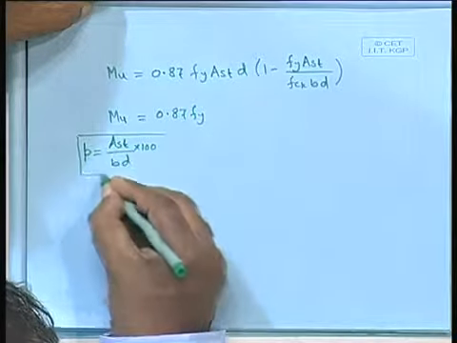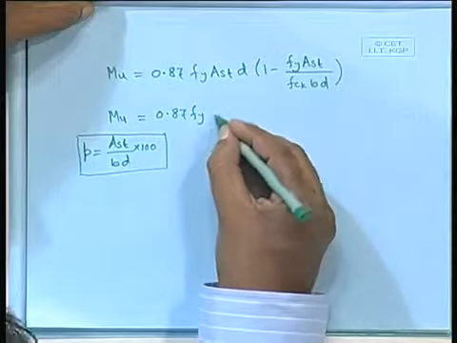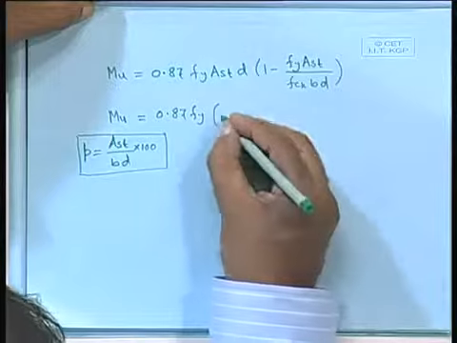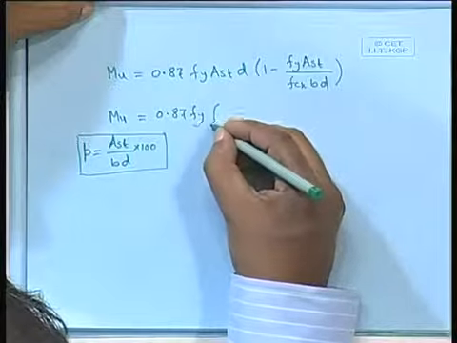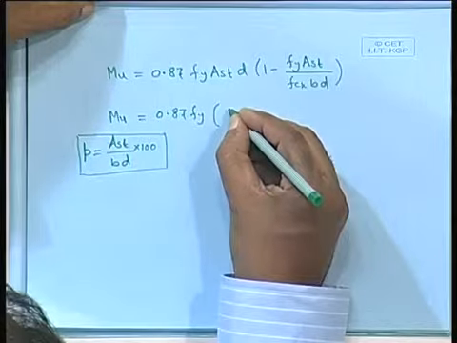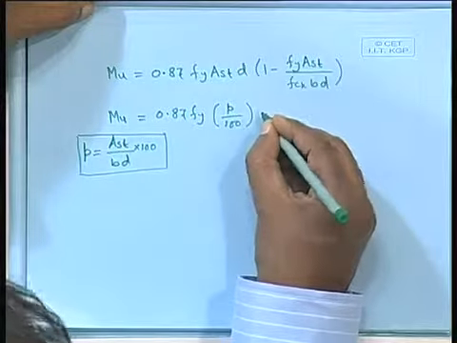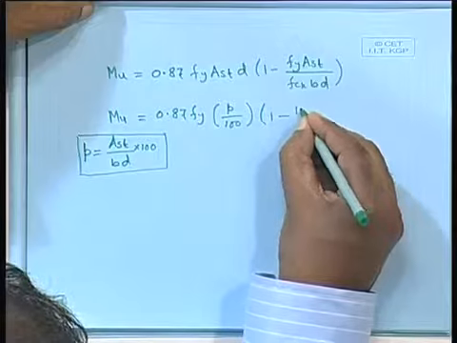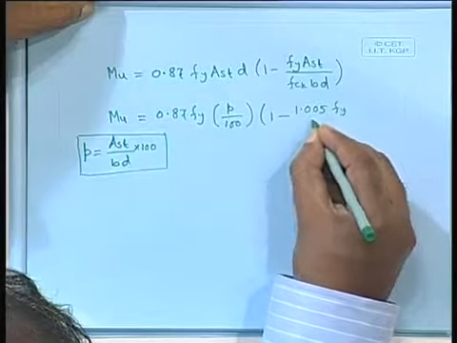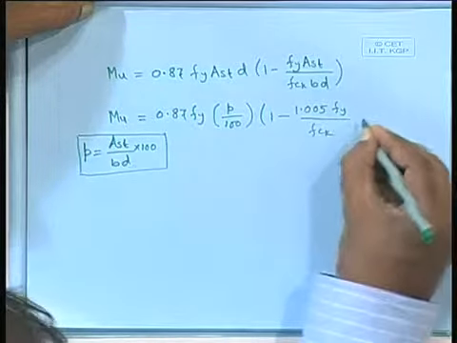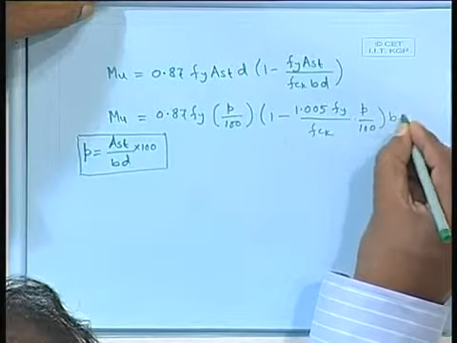This is our percentage of steel. So, we can write Mu equal to 0.87 fy Ast, we can put it from here, as p by 100, 1 minus 1.005 fy by fck p by 100, b d square.